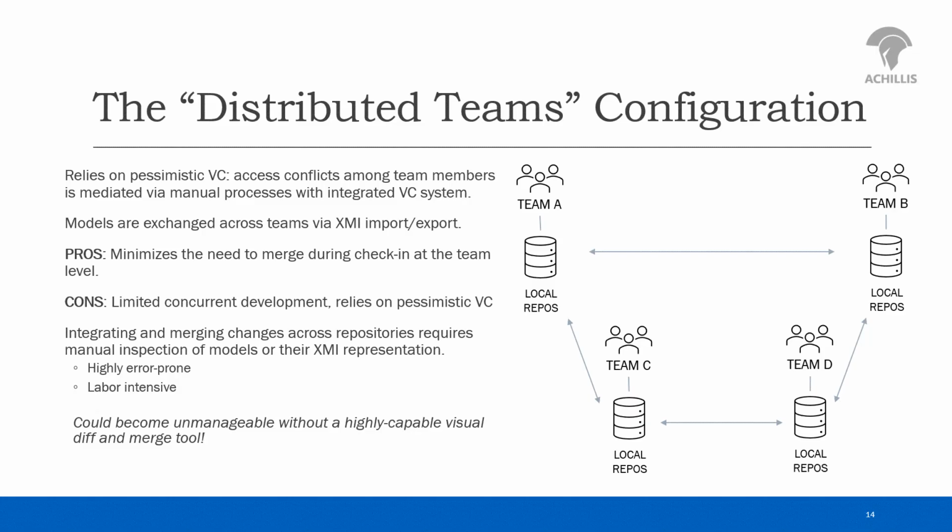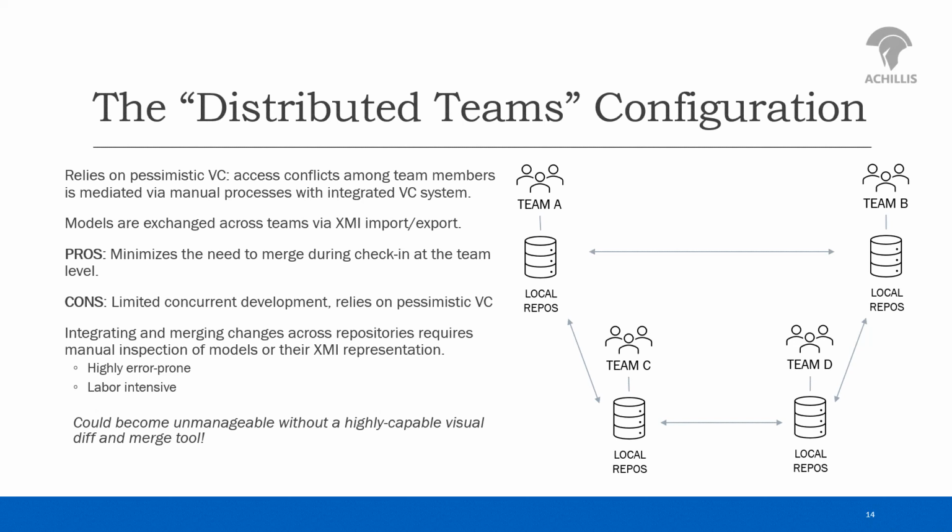The next configuration is distributed teams. In this configuration, teams rely on pessimistic version control. Access conflicts among team members is mediated via manual processes, such as with a version control system that is directly integrated with Enterprise Architect. Models are exchanged across teams via XMI import and export. Now, the pros for this configuration is that it minimizes the need to merge during check-in at the team level.